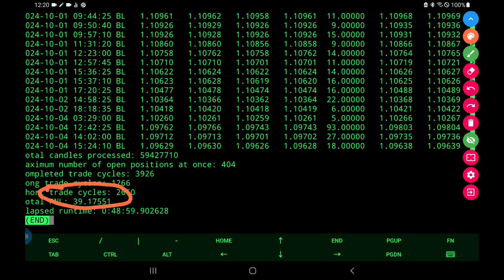The next step should be putting this in a forward market or a demo account and then comparing the results. But we know, empirically speaking, this is going to be a home run. And of course, this backtest took 48 minutes. That's a lot of time, but it's a lot of data.